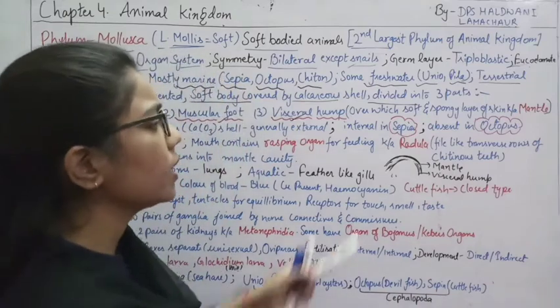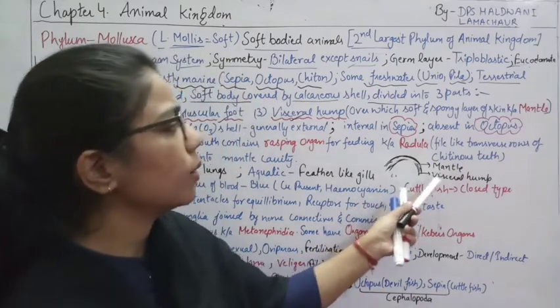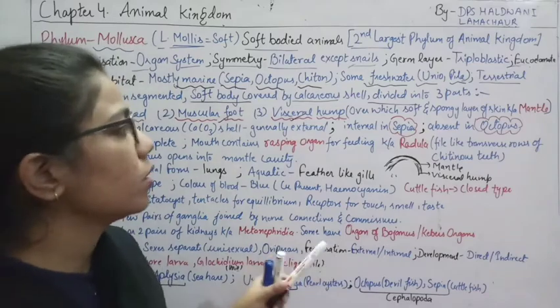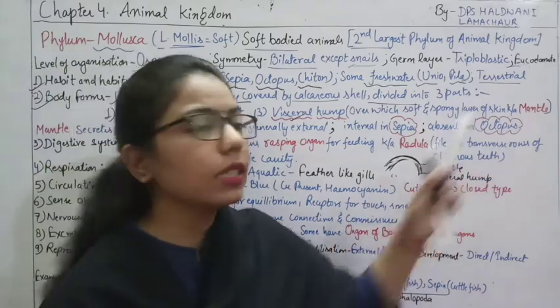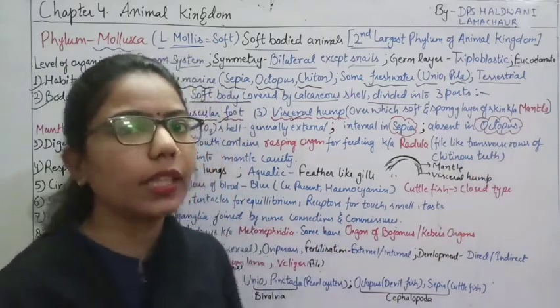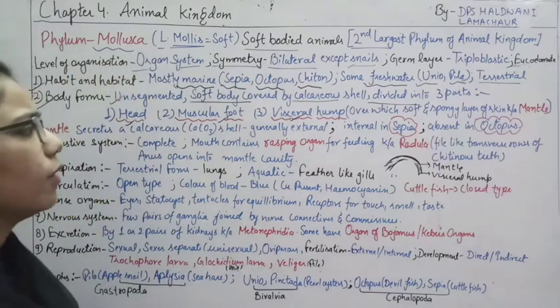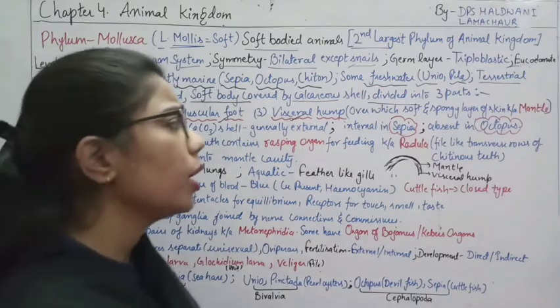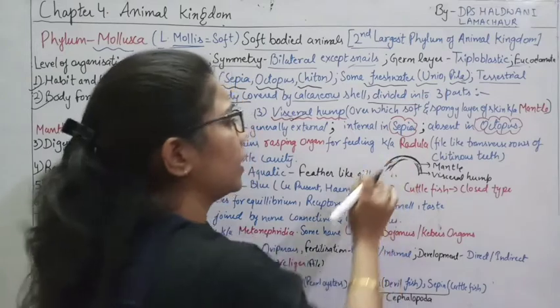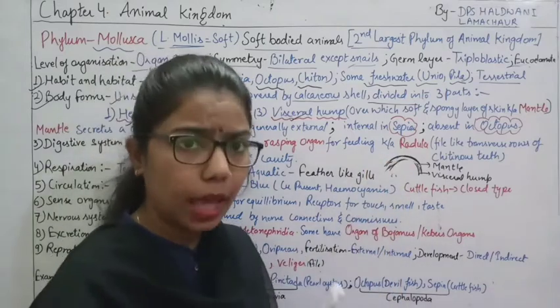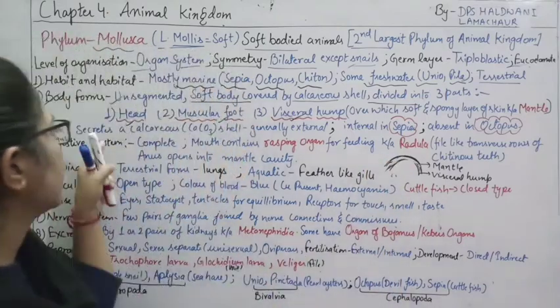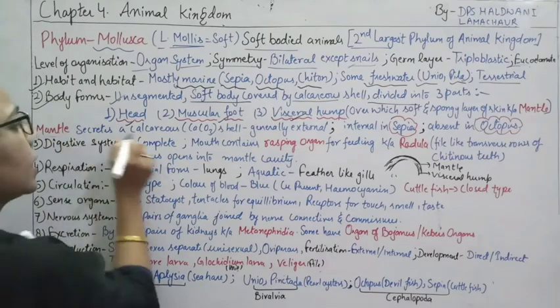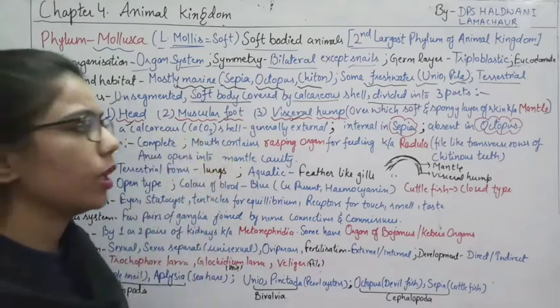Okay, this space which is present is known as the mantle space. And why are we talking about it? Because this mantle will release some chemicals. In the next point we will study that this mantle will secrete a calcium carbonate shell.